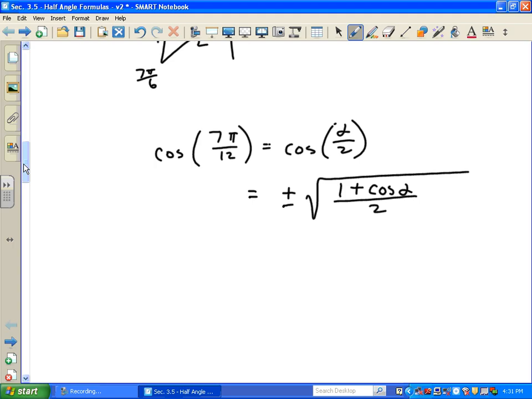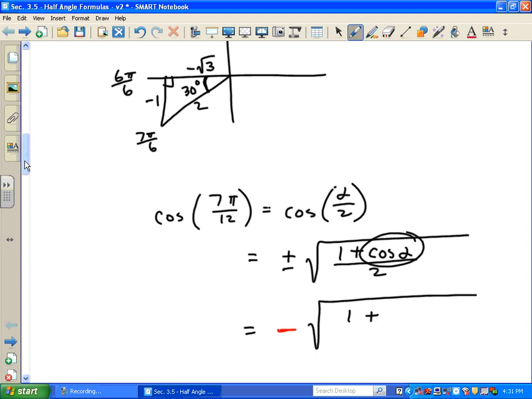We needed to make a decision about whether it's going to be a plus or a minus. We talked about earlier, since the half angle is in quadrant 2, we need to choose a negative. And then on the inside of this function, we need to look at the cosine of the single angle. I'll scroll up and look at the picture we have here. This is the single angle. Cosine of the single angle is x over r. That would be negative square root of 3 over 2. And then in the formula we have all of this over 2.